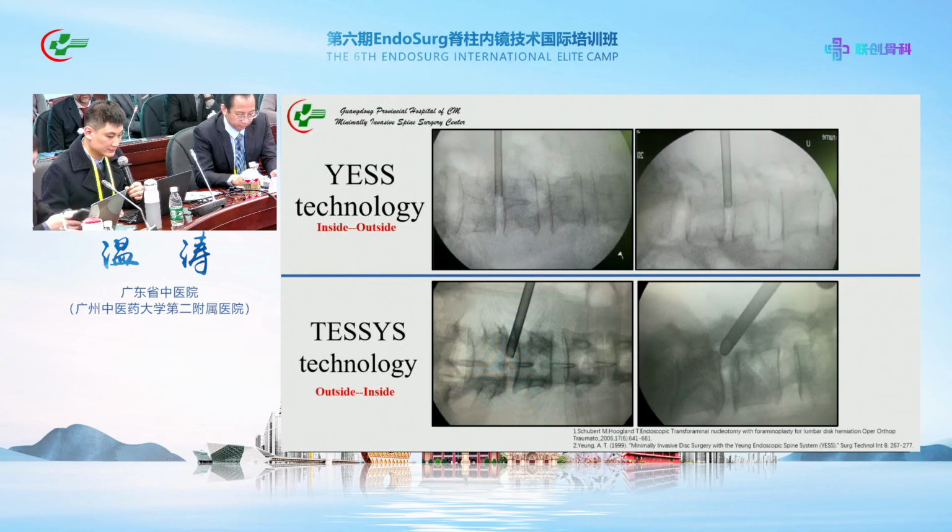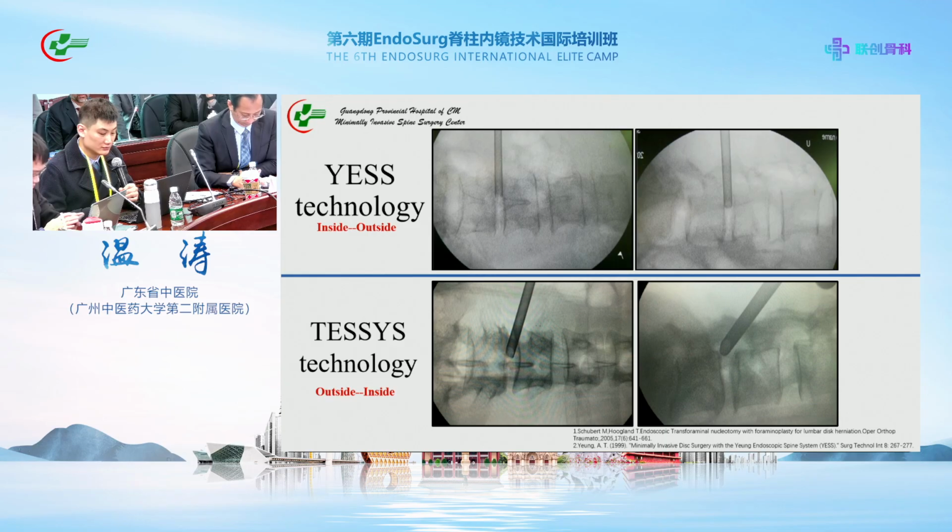You can see the classic Yeung technique will not resect the SAP, but the foramen is not large enough to put the whole working channel into the foraminal space, so it can only face the disc. But this makes it difficult to see the nerve root, and it is also difficult to remove the disc protruding into the spinal canal.